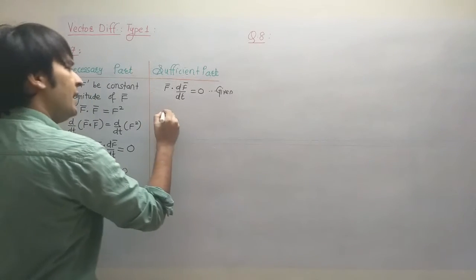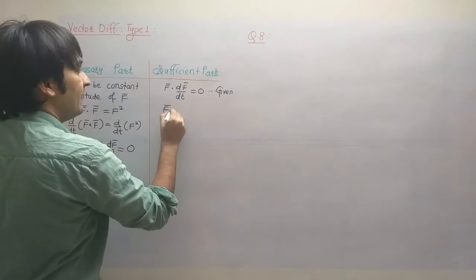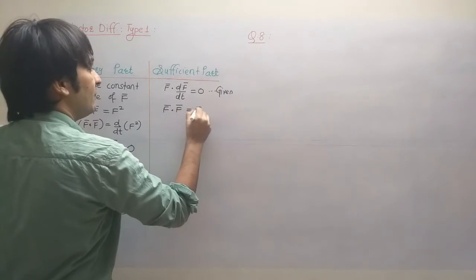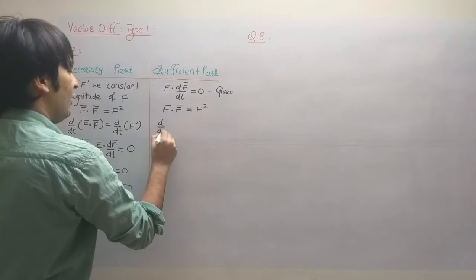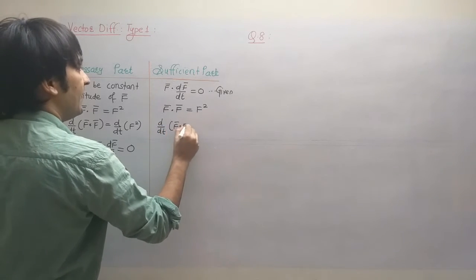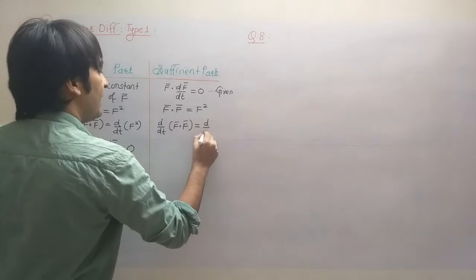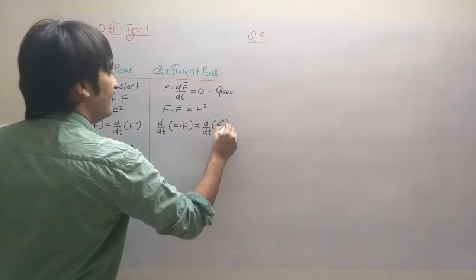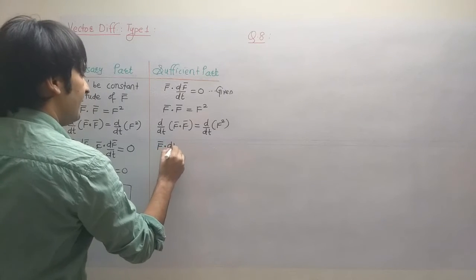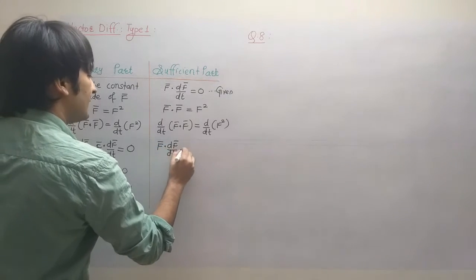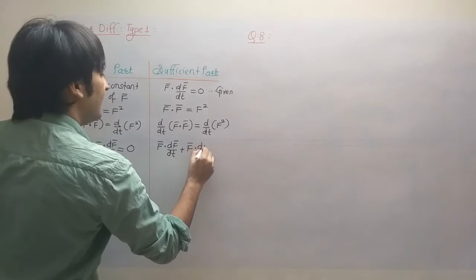I will consider the same thing again. f bar dot f bar is equal to f square. I'll take derivative. d by dt of f bar dot f bar is equal to d by dt of f square. Again this is the UV rule: f bar dot derivative of f bar plus f bar dot derivative of f bar.